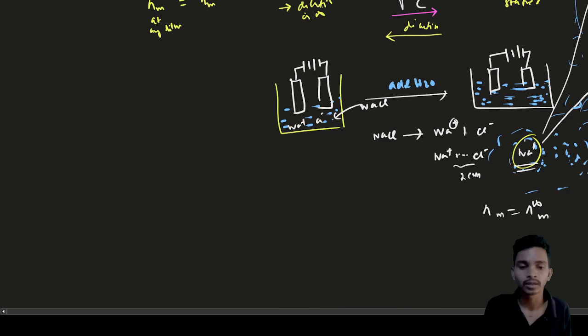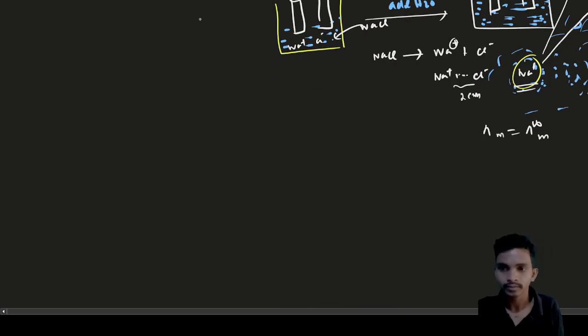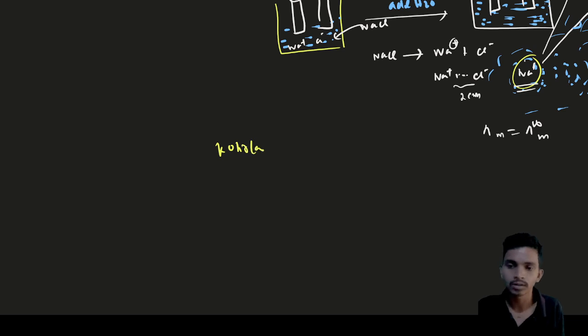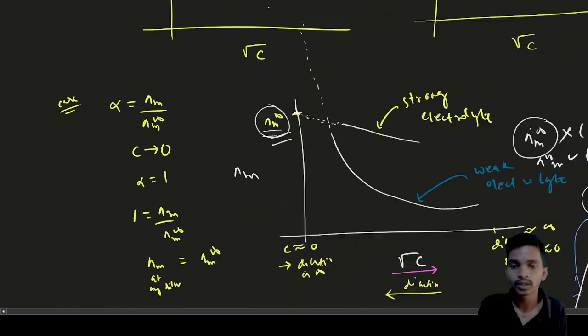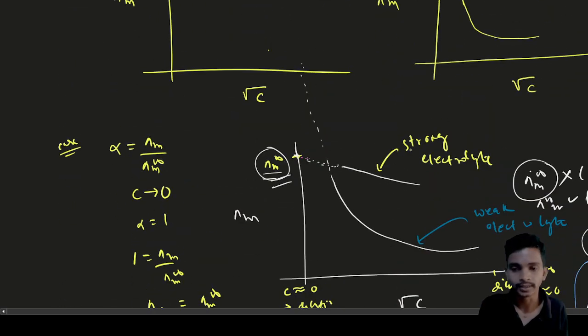So what did Kohlrausch do? Kohlrausch's law says that if you want to find the value for weak electrolytes, by these graphs we can't find it, because the line does not touch the y-axis.